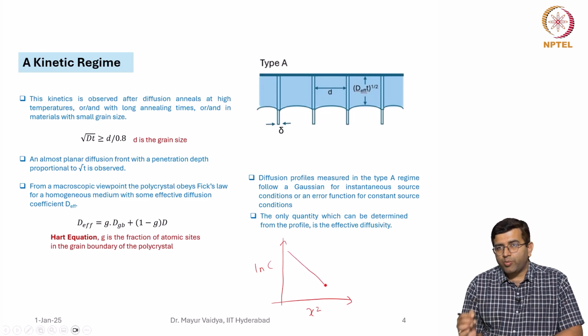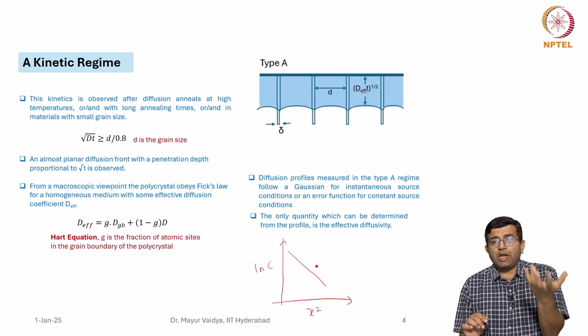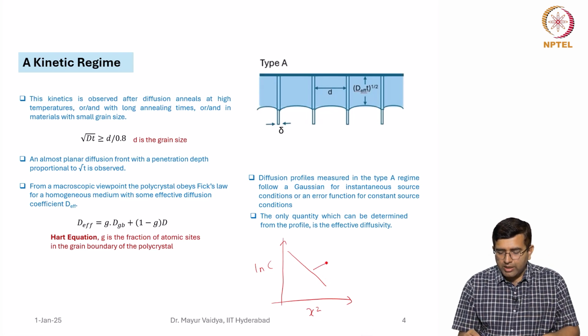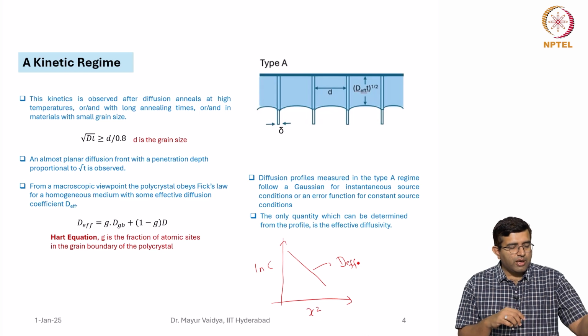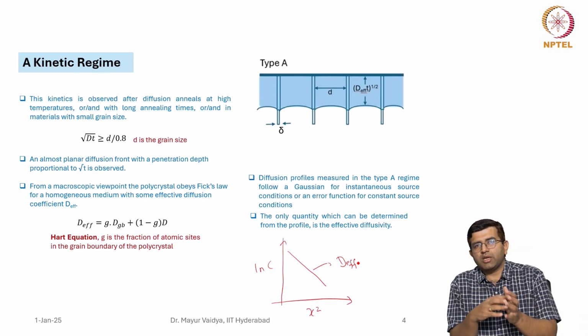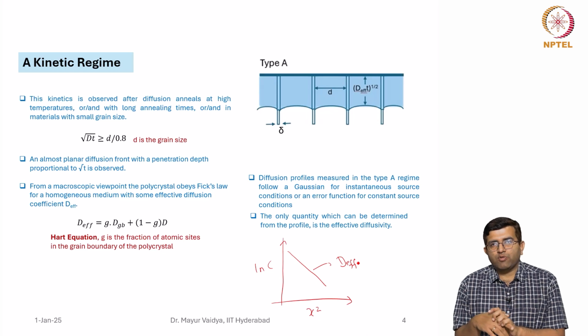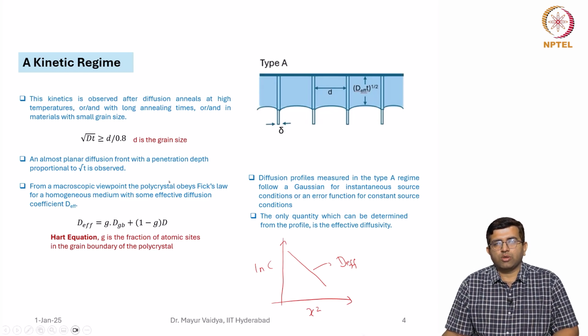But the slope of the straight line does not give me a lattice diffusion coefficient or a grain boundary diffusion coefficient. What it gives me is D effective. So, this D effective has a contribution from the grain boundary diffusion coefficient as well as from the lattice diffusion coefficient, as expressed by this Hart equation.